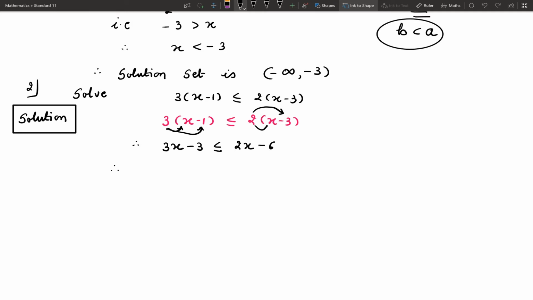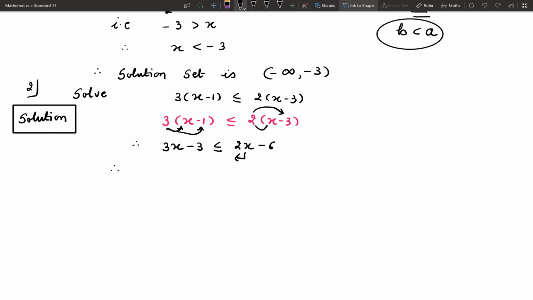Now add minus 2x on both sides, or we transfer this term, it is one and the same. Either you use the additive inverse of 2x, or we transfer the term 2x.